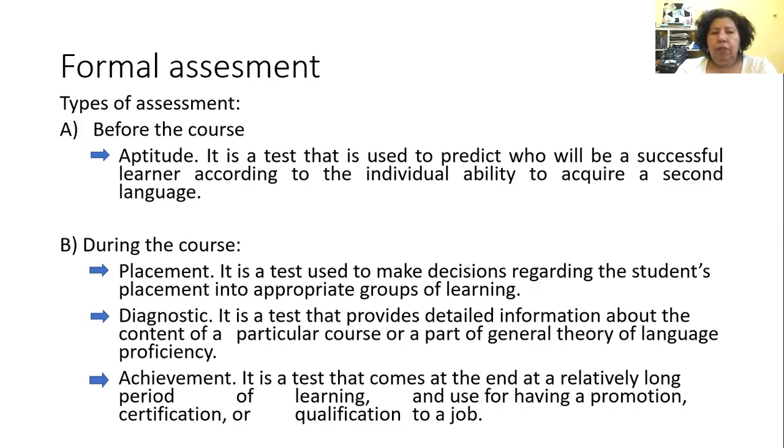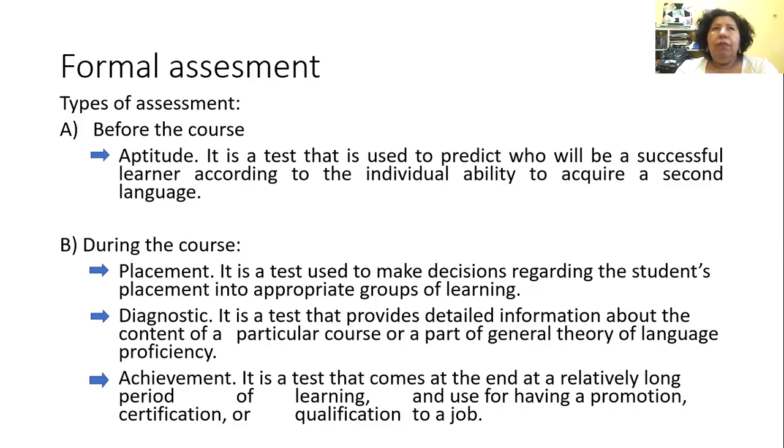Then there are others that can be administered during the course. For example, the placement test, and this is very usual, and it is used to make decisions regarding the student's placement into appropriate groups of learning.